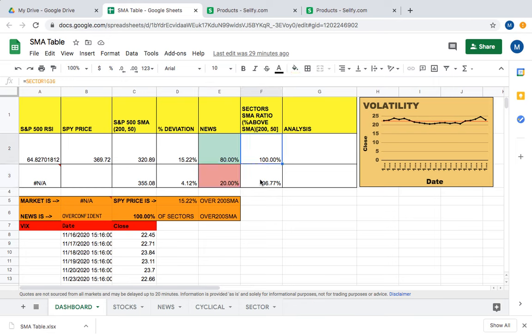And here we have the sectors for the sector tab, but that's the percentage that are above the 200-day and 50-day moving averages for each respective sector. And then here's an analysis column just in case you want to make some notes on what you're seeing on this dashboard or in the other tabs so that you don't forget if you see something interesting.